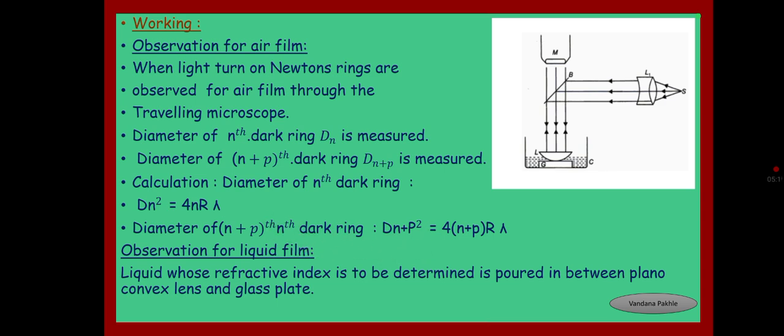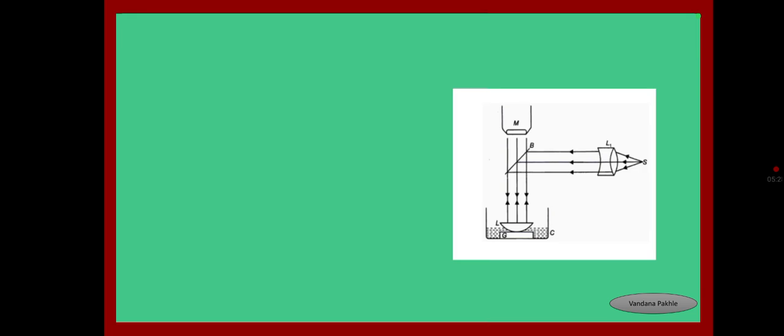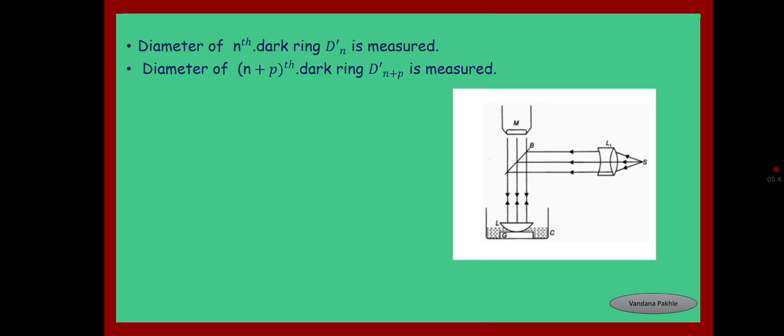Now liquid is poured into this beaker, and that setup is kept inside this beaker. Then it is observed that the Newton's rings diameters are different. Compared to the diameters we got for the air film, the diameters are different, and that's why once again diameters are used for this liquid film. We can say that here, instead of air, there is a liquid, and that's why the film is a liquid film.